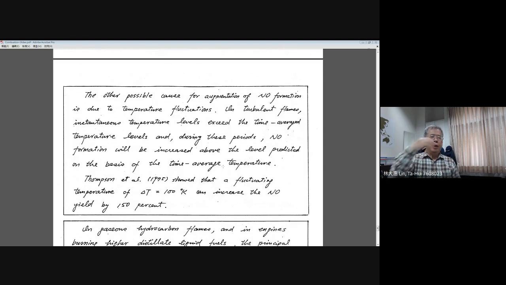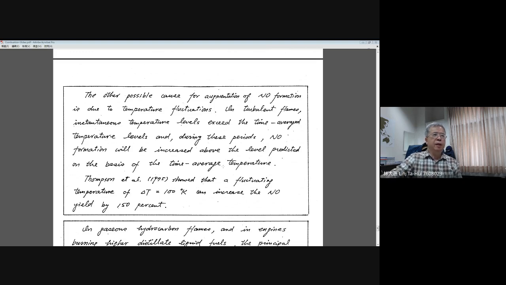Now, we just introduced those kinds of NO sources from the thermal NO, fuel NO, and prompt NO, and some physical parameters need to be considered.